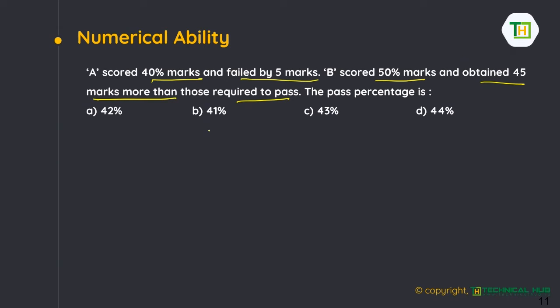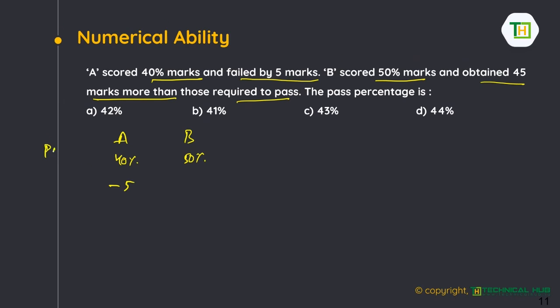If you observe carefully, A got 40 percentage and B got 50 percentage. A failed by 5 marks, which means minus 5.